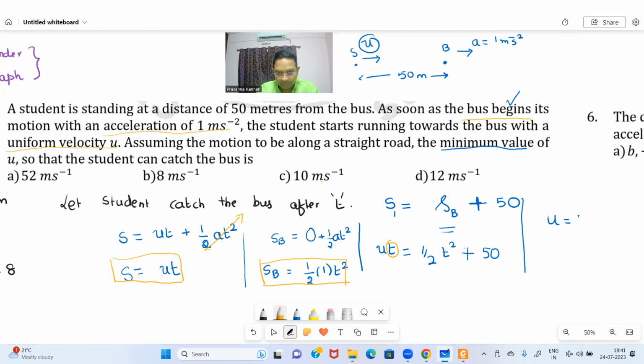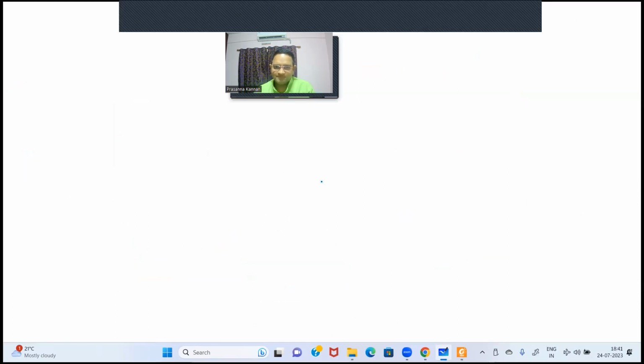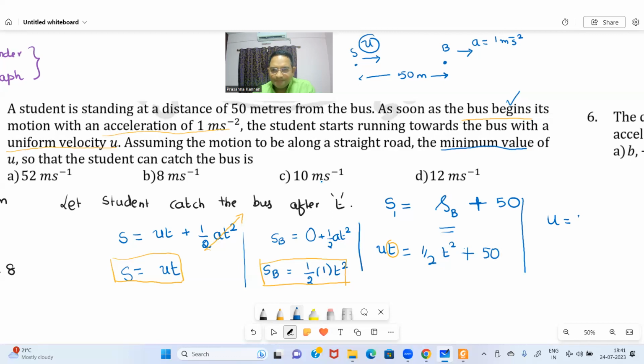So it will be t square by 2t, that is t by 2. Then what about the next term? 50 is also divided by t. So what will you get? 50 by t. Clear, guys?